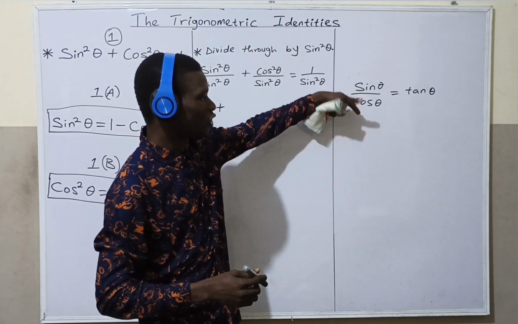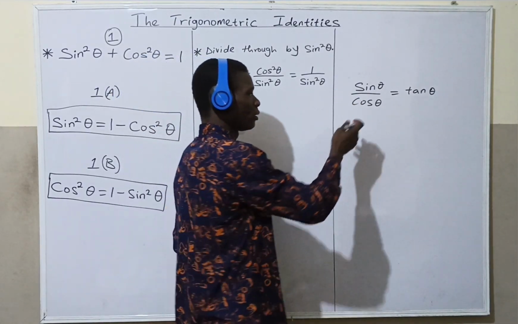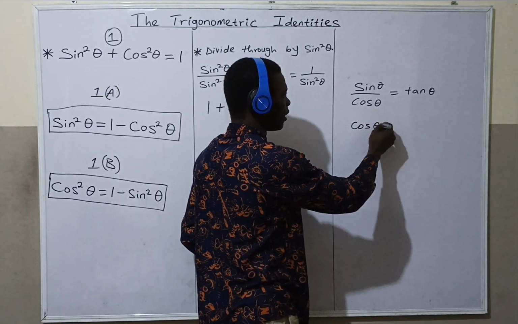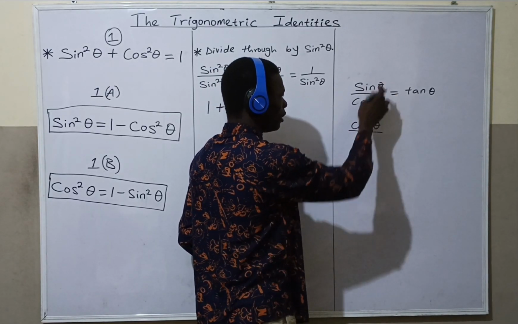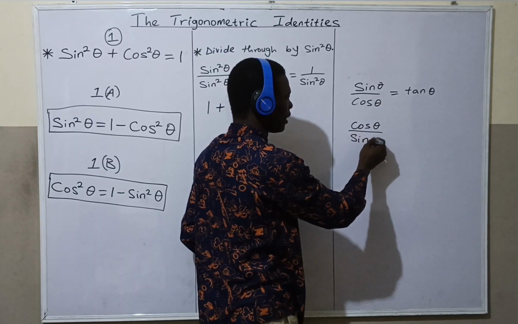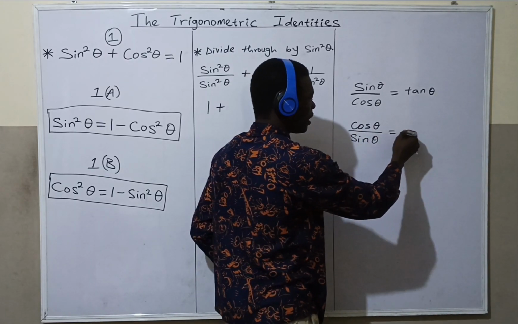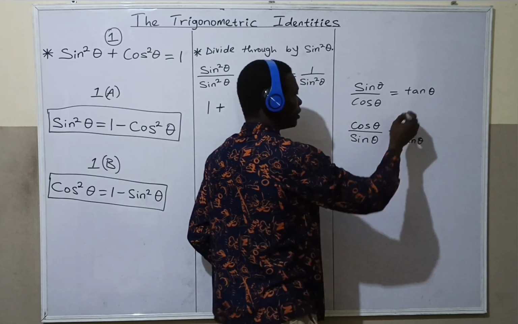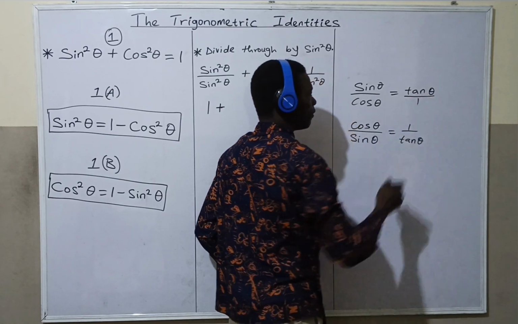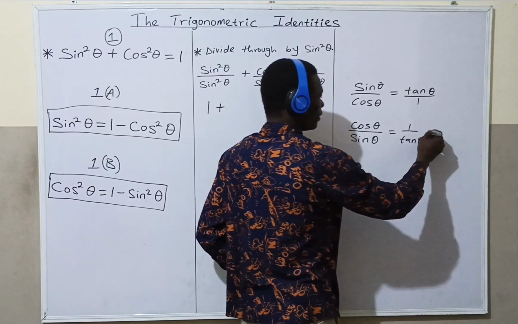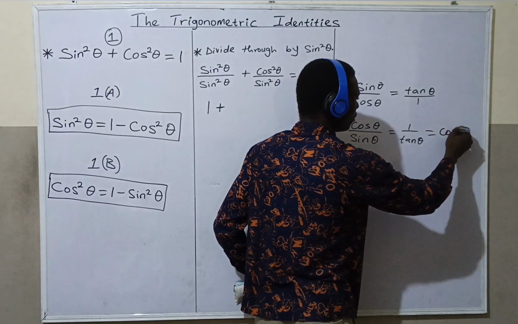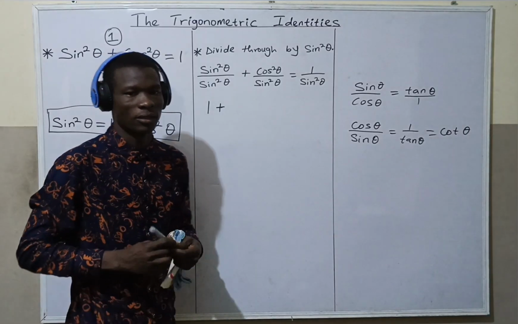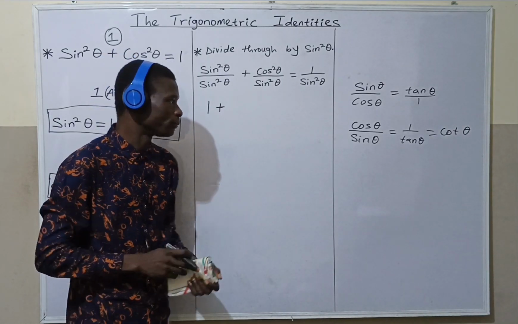Now, if we switch this up and down, the down going up to become cos theta over sin theta, it means that we are going to have 1 over tan theta, because it is assumed that this tan theta is over 1. And when we have 1 over tan theta, we are having what we call cot theta. You can check that out from my previous video.